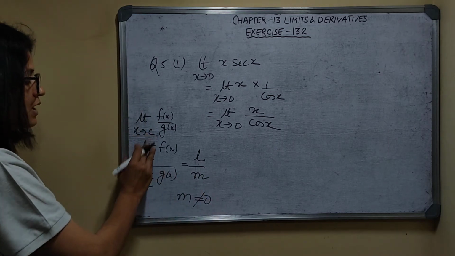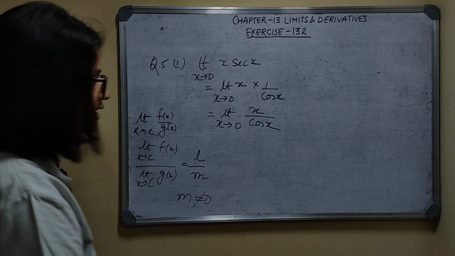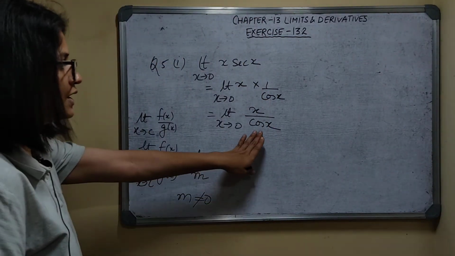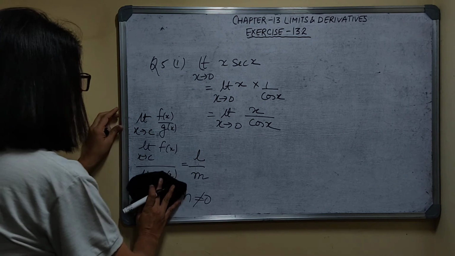In this condition only I can write separate limits. This is the condition. Cos 0 is 1, so it is not equal to 0.